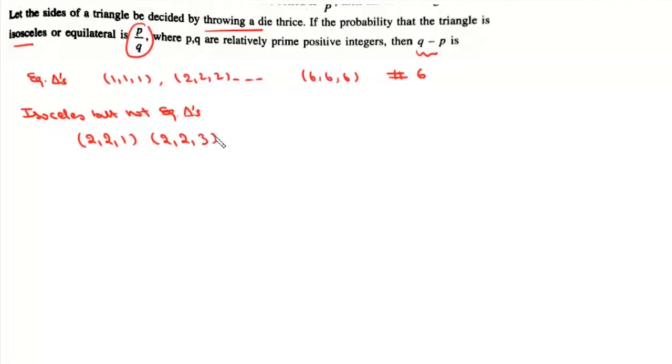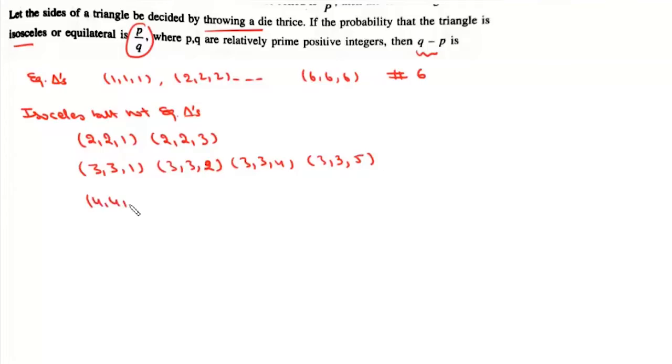Now 2, 2, 4 will be a straight line. And the same way we'll have 3, 3, 1, 3, 3, 2. Now 3, 3, 3 is equilateral. We'll have 3, 3, 4 and 3, 3, 5. 3, 3, 6 is again a straight line.